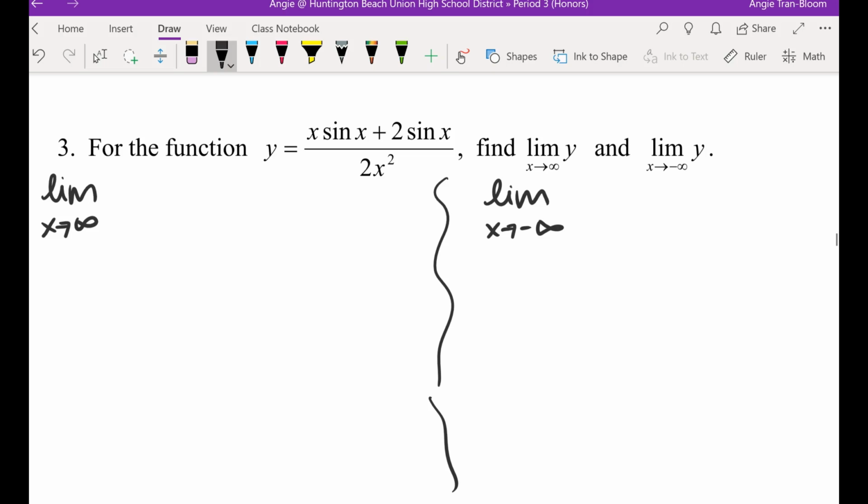Wait, let me see. Check one. X times sine of x plus 2 sine of x all over 2x squared. 1, 2, 3.